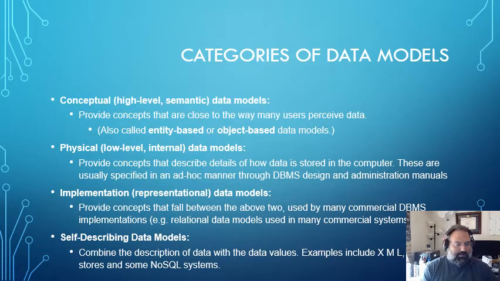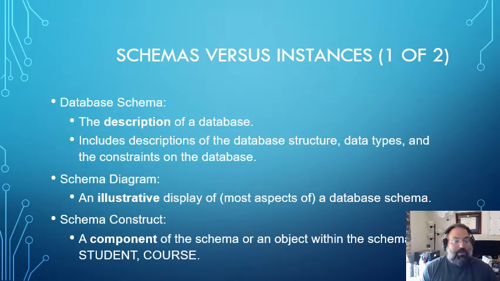Implementation or representation data models provide concepts that fall between the above two, used by many commercial database management implementations, such as relational data models used in many commercial systems. Self-describing data models combine the description of data with the data values, and examples of this include things like XML, key value stores, and some NoSQL systems.